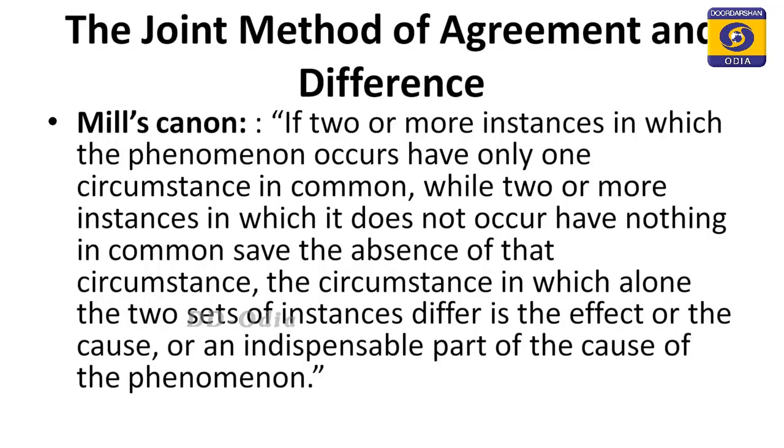In the method of agreement, we were trying to find out the common factor of agreement between the antecedent side and the consequent side. And in the difference method, we tried to find out the single point of difference between the antecedent and the consequent factors.